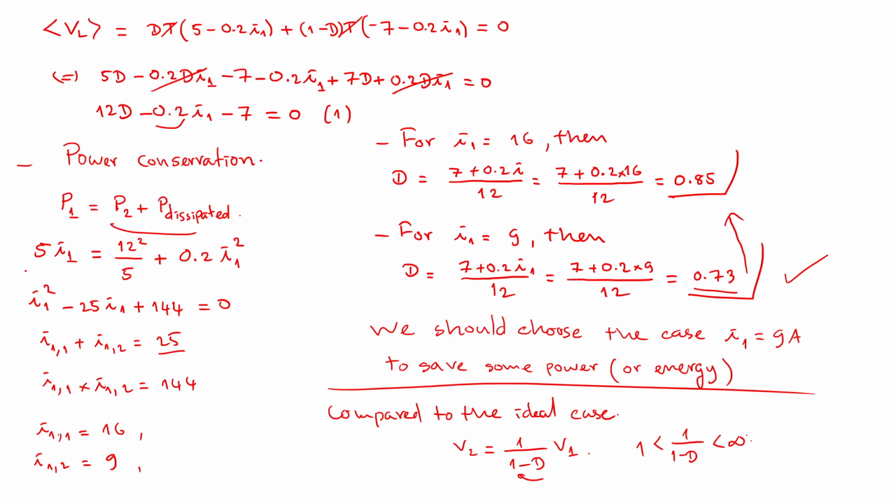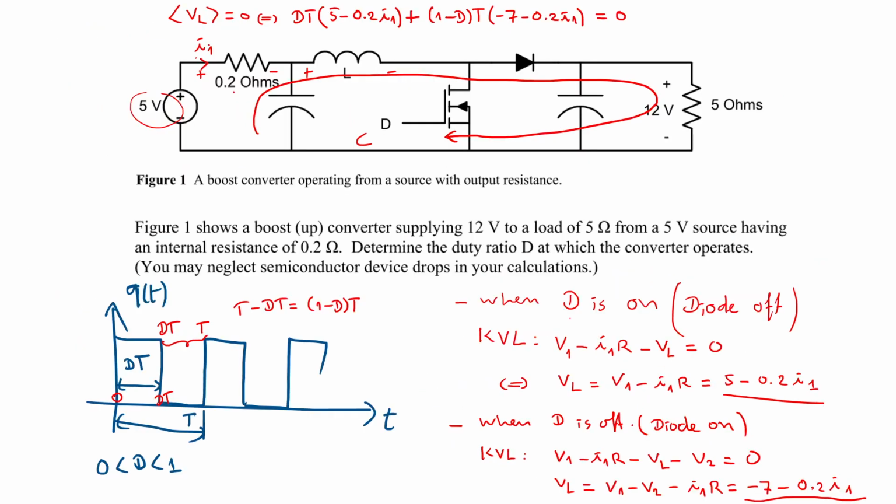See? Then, of course, your boost converter is not ideal. You need to analyze it this way. If you want to change the parameter D and observe V2, then you use V2 as the variable and formulate it as a function.